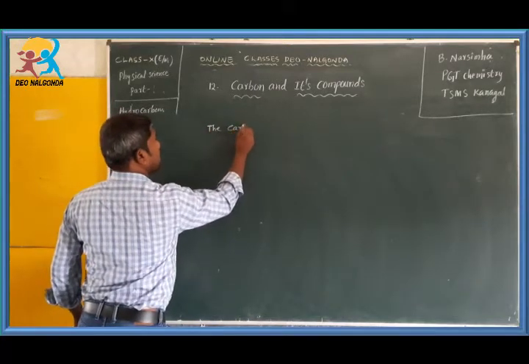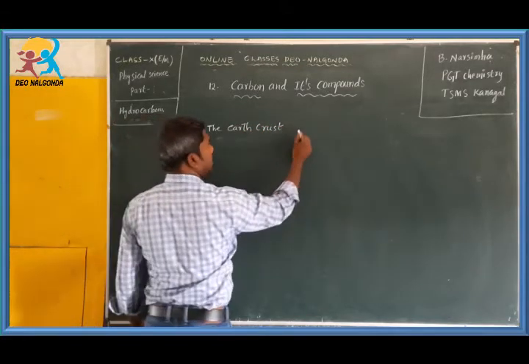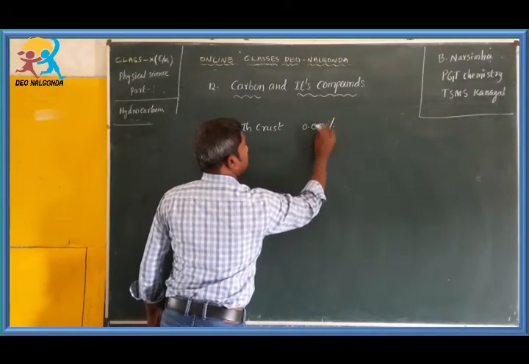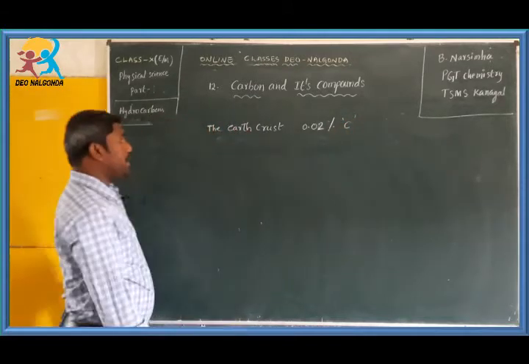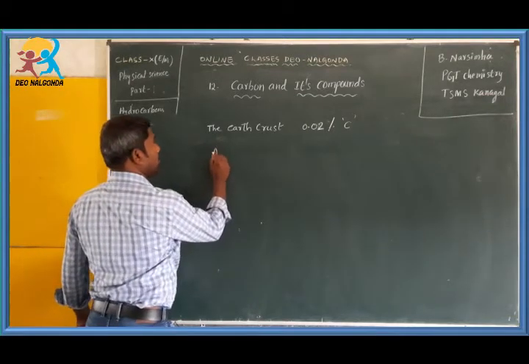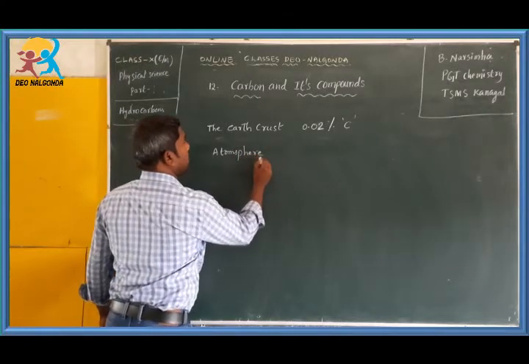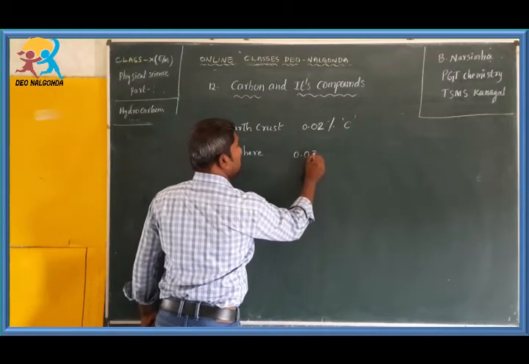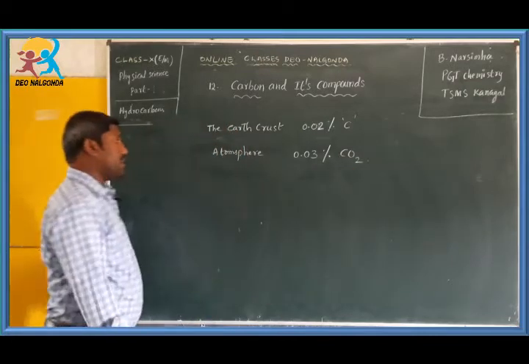The earth crust contains 0.02% of carbon, and the atmosphere contains 0.03% of carbon in the form of carbon dioxide.